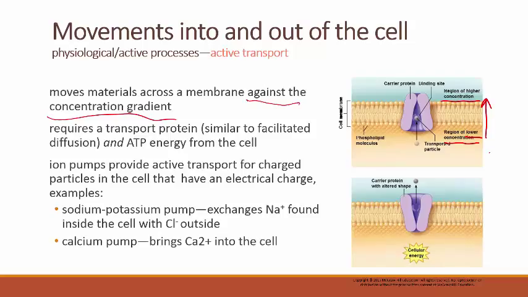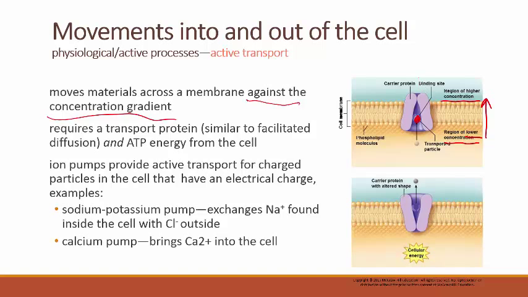So what happens is that on the low concentration side, if this is say a sodium pump, sodium would diffuse and find its way into this carrier protein. It would bind there, so that's a site that is attractive to the sodium ion.